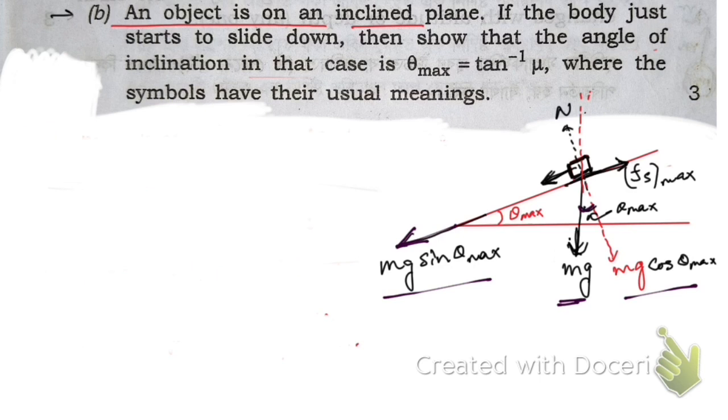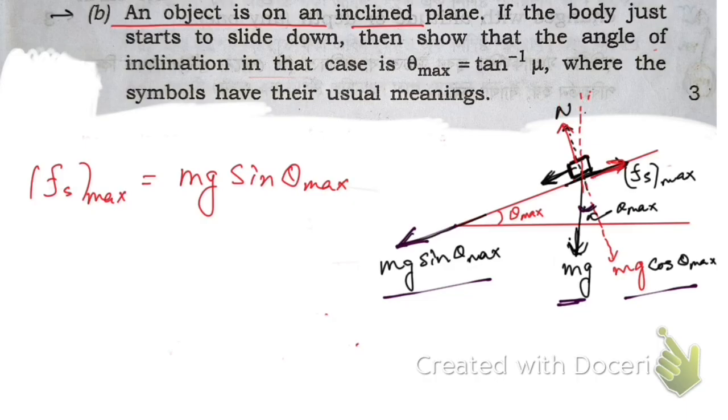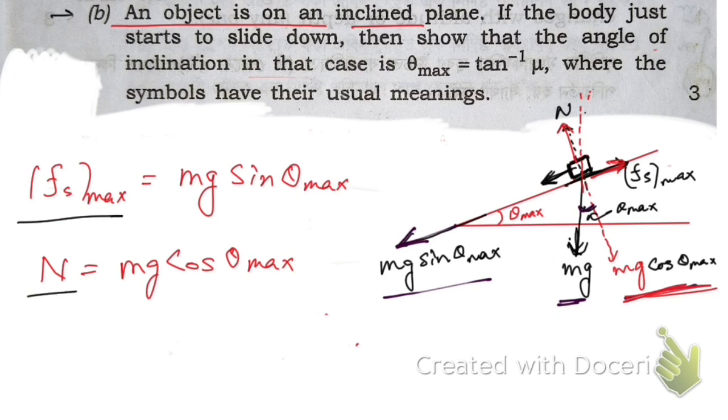Now you see, this Fs max must be equal to mg sin theta max, and this normal, you can say this normal, is equal and opposite to mg cos theta max. So we can write N is equal to mg cos theta max, right? So their magnitudes are equal. So now if we divide this one by this, this is equation number 1, suppose this is equation number 2.